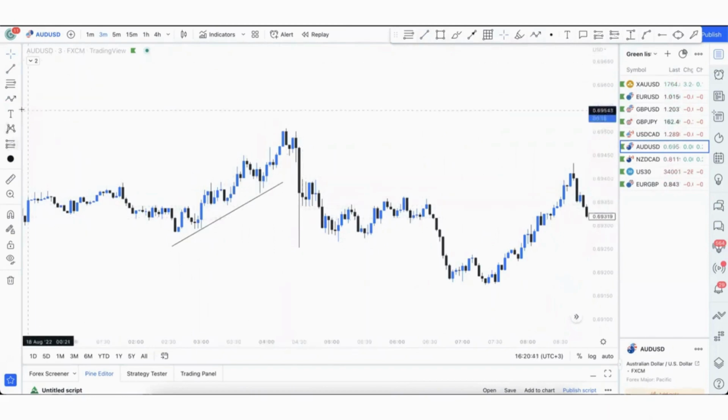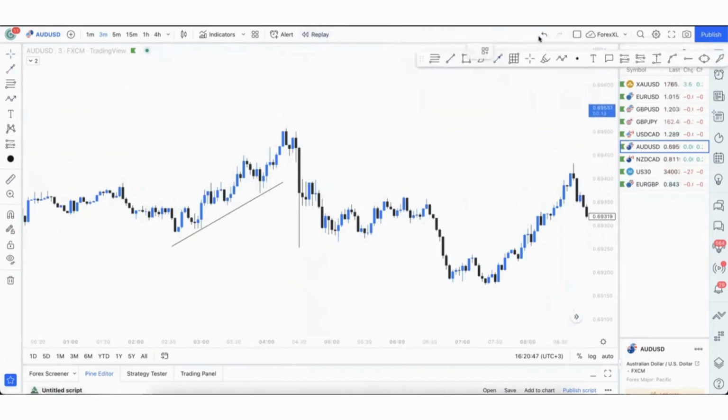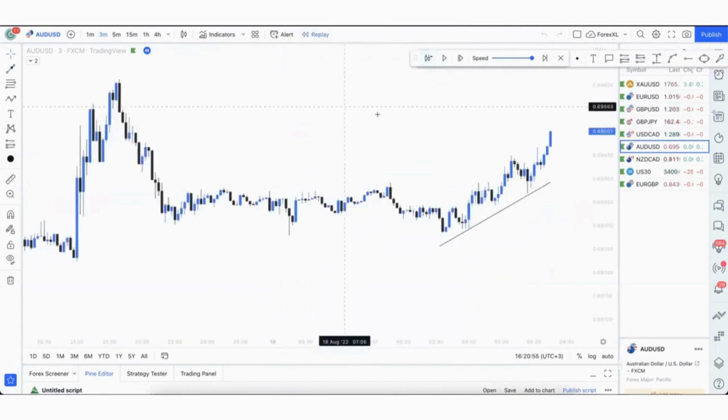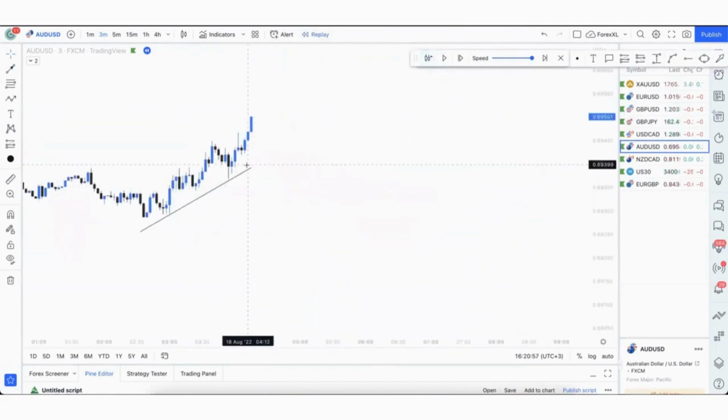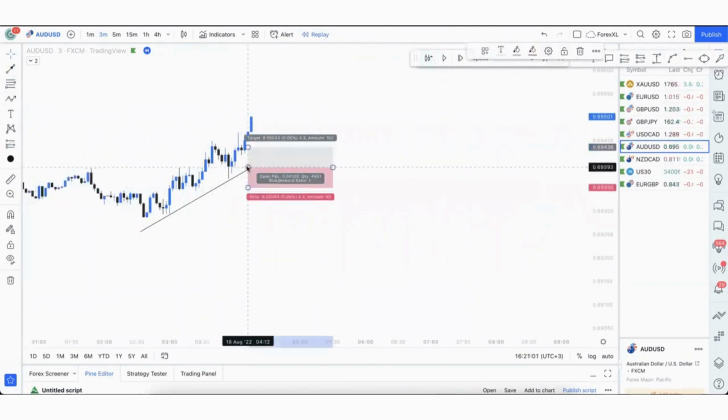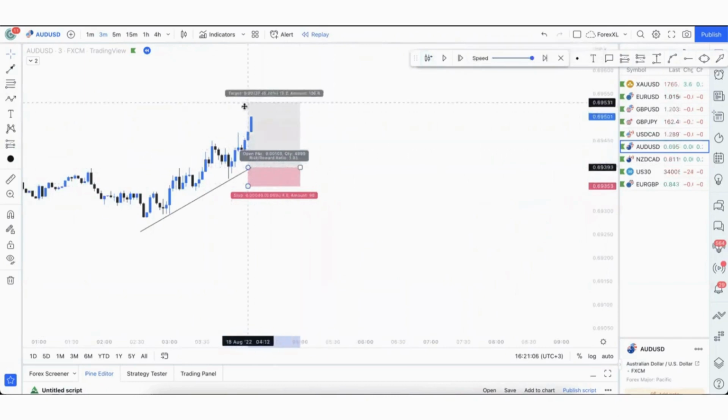If the price, for example, goes here, you will put your buy trade in this one, and then take profit here.